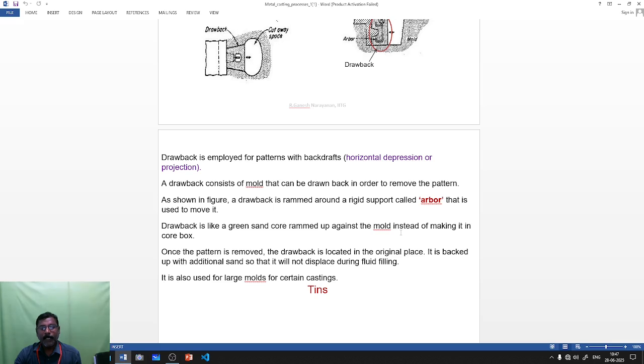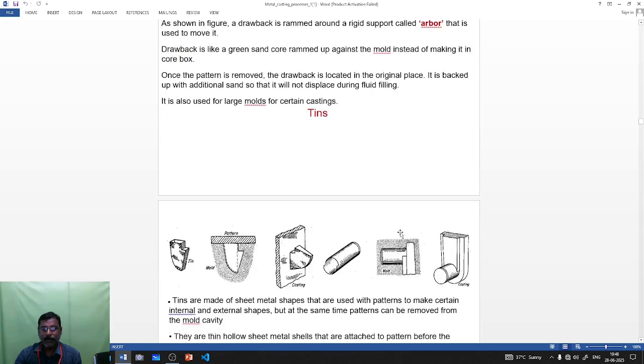So a drawback is like a green sand core, removed from the mold instead of making the core box. Once the pattern is removed, the drawback is located in the original place. It is backed up by additional sand so that it will not displace during fluid filling. It is also used for large molds for creating castings.